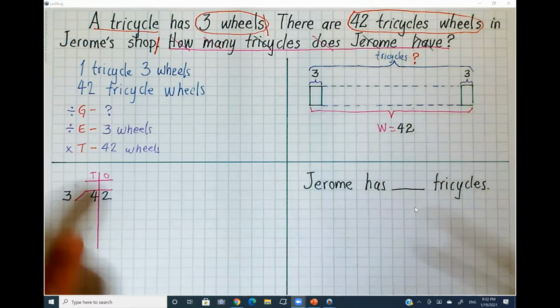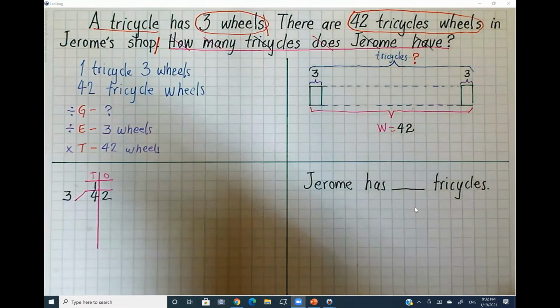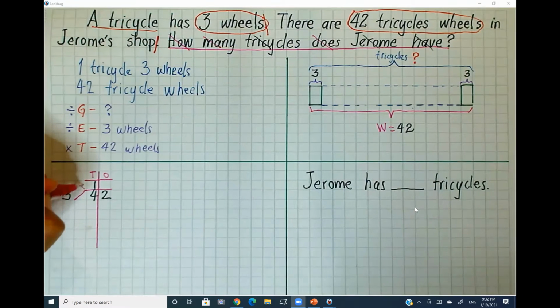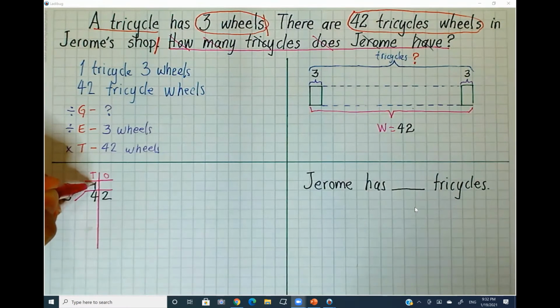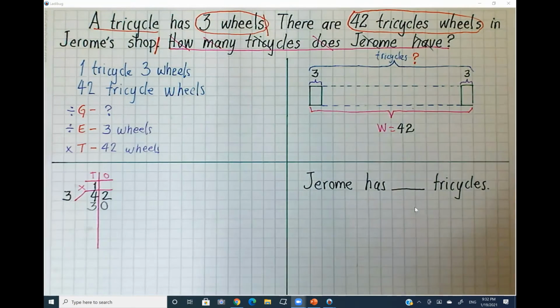And I know it's going to be 1 time. Then I'm going to multiply 1 times 3, or 10 times 3 because this is 10, and the answer is going to be 3 tens or 30.